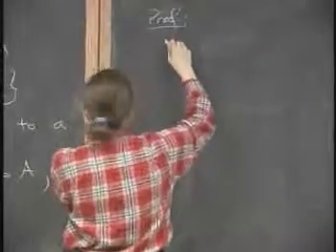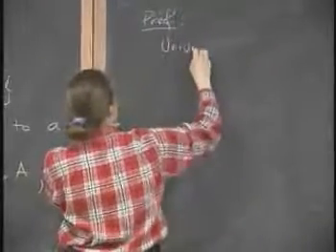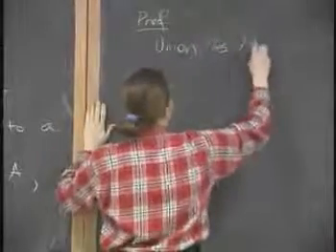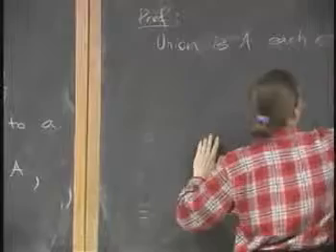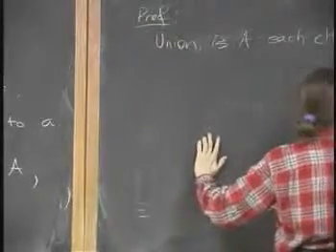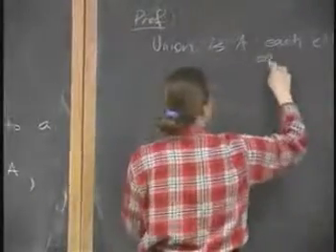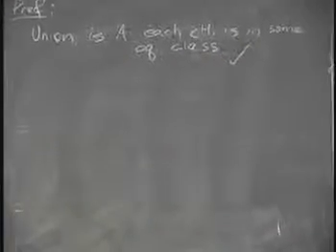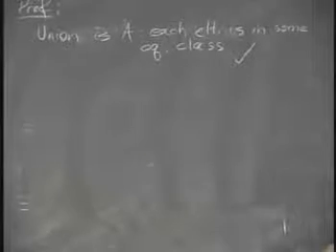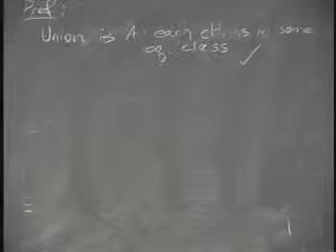Okay, so the union's sort of easy. It's sort of by definition. If we take the equivalence classes of all the elements, then of course we're going to get everything.